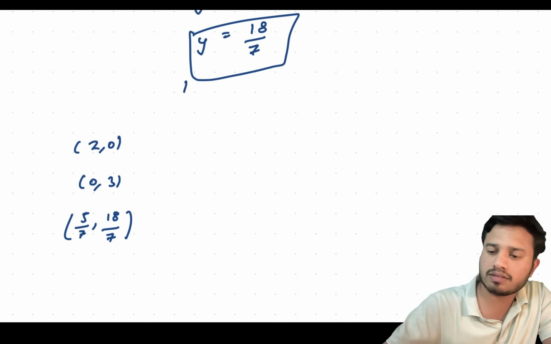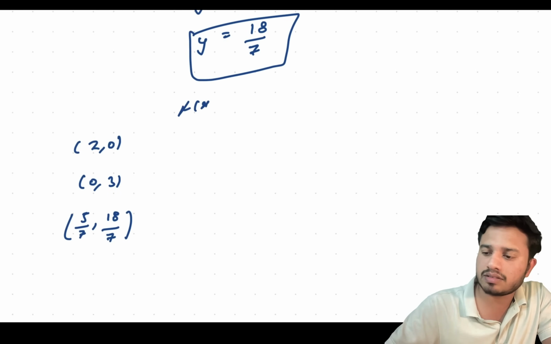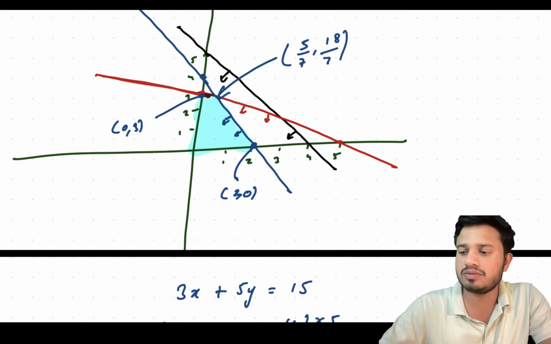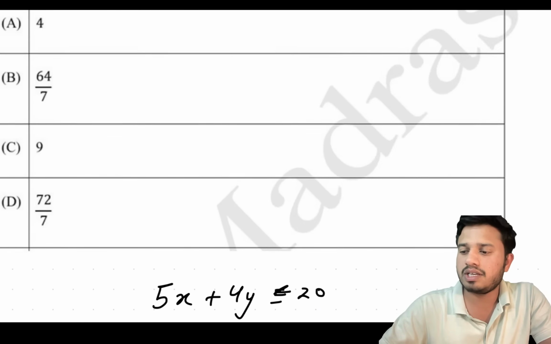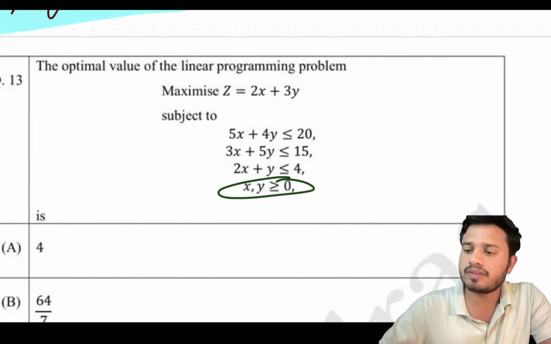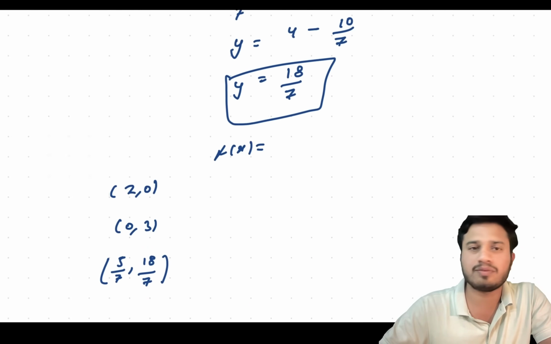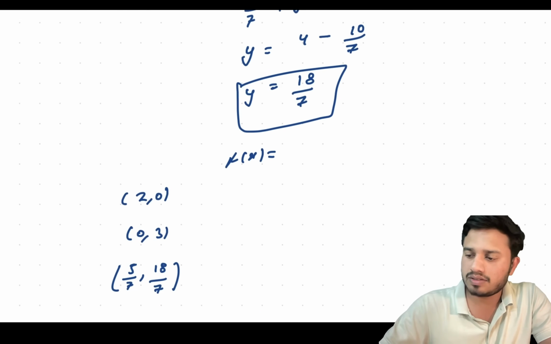We have the main function, in economics terms a cost function z equals to 2x plus 3y, profit function x plus.